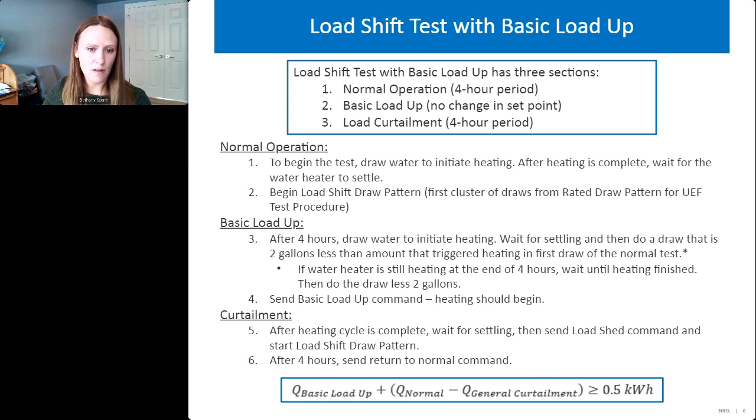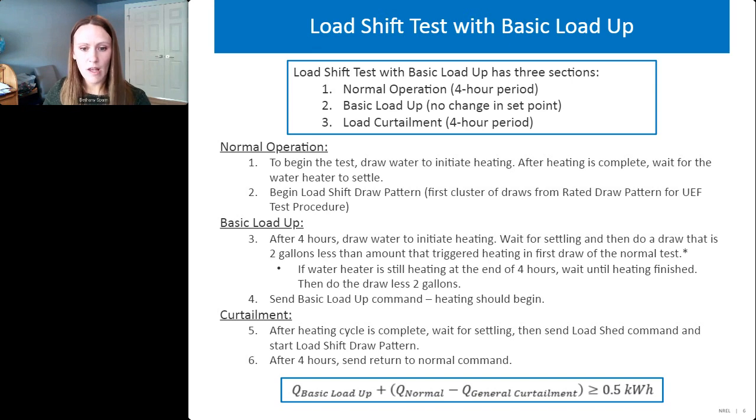So this load shift draw pattern starts off with one big draw. So if the water heater starts heating during that one big draw, you have determined the volume to initiate heating that's needed for the basic load up portion. If heating did not start during that first draw, you'll do another big draw during this basic load up portion to figure out the volume of water needed to initiate heating.